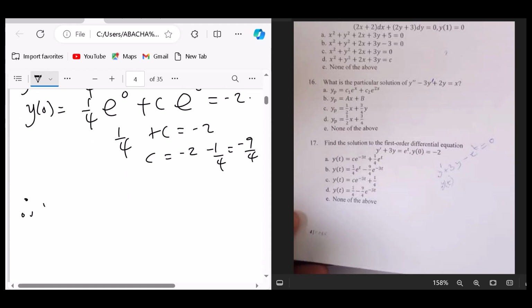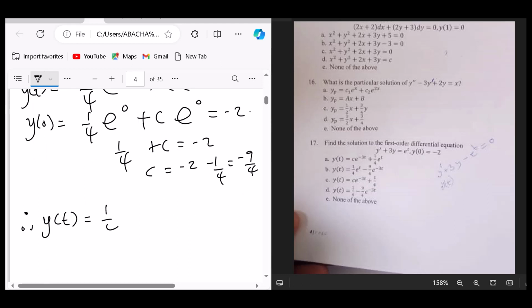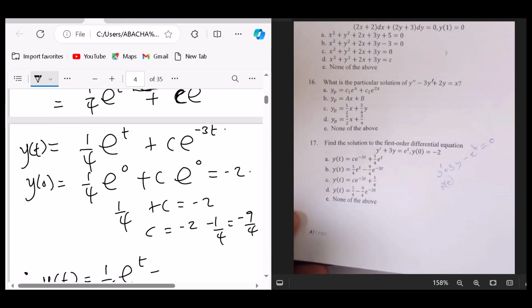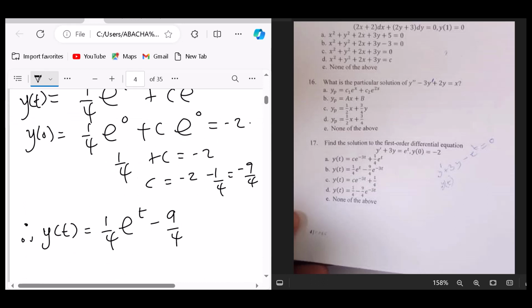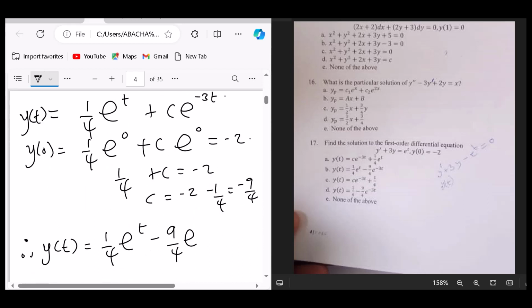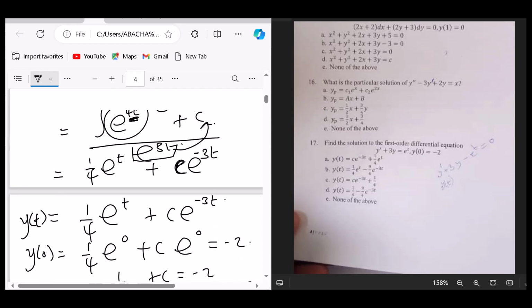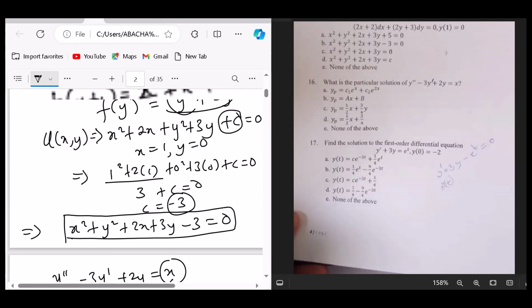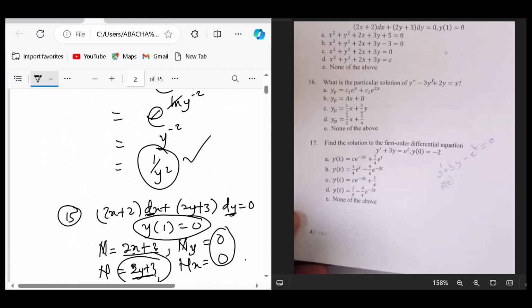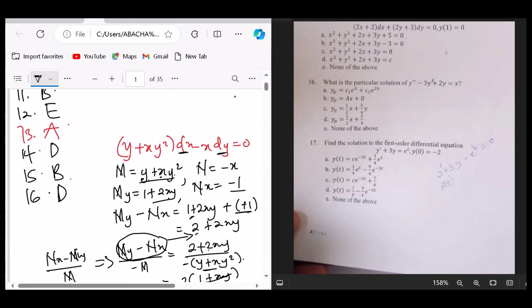So therefore, our y of t is equal to 1/4 e power t minus 9 over 4 e power -3t. That's our final answer. And so the answer there is D. So that's 17. The answer is D. So 17, the answer is D.